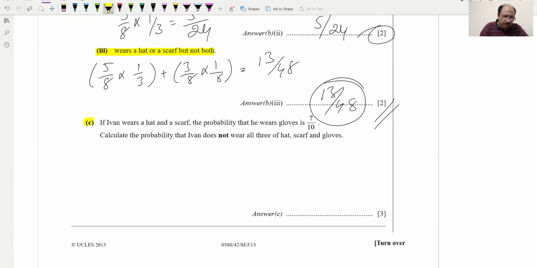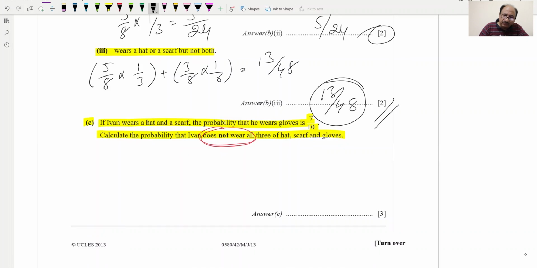So C part: if Ivan wears a hat and a scarf, the probability that he wears gloves is 7 by 10. Calculate the probability that Ivan does not wear all three of hat, scarf and gloves. So does not wear all three. So all three will be what?